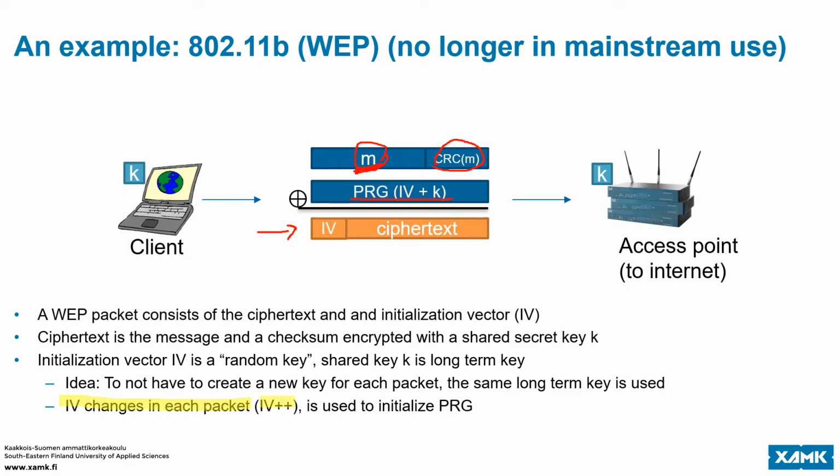In practice, the initialization vector changed in each packet. In the first message the initialization vector was 1, in the second one it was 2, and so on. The initialization vector was used to initialize the pseudo-random number generator both on the client and on the access point side, so that both could figure out what the current key was at any time.